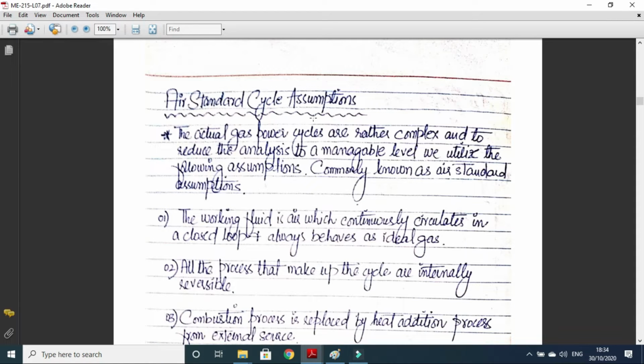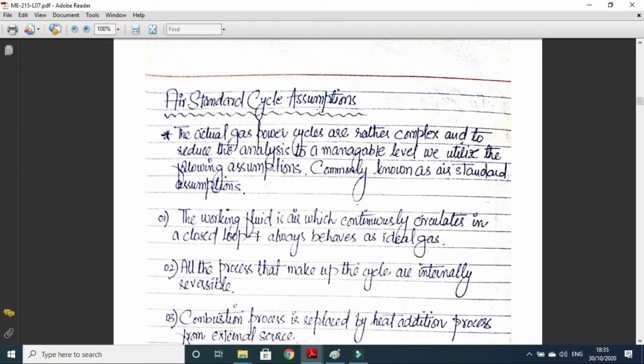Then the ideal engine may give 12 kilowatt or 15 kilowatt, somewhat higher value than the actual engine. But it will not be something like, if the actual engine has a power output of 10 kilowatt, then the air standard engine will give 1000 kilowatt power output. So the order of magnitude will be near to the values of the actual engines.